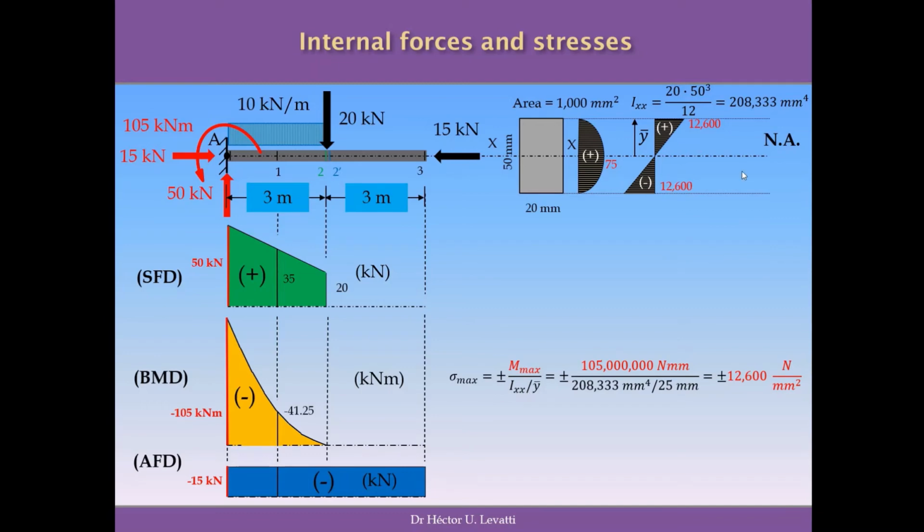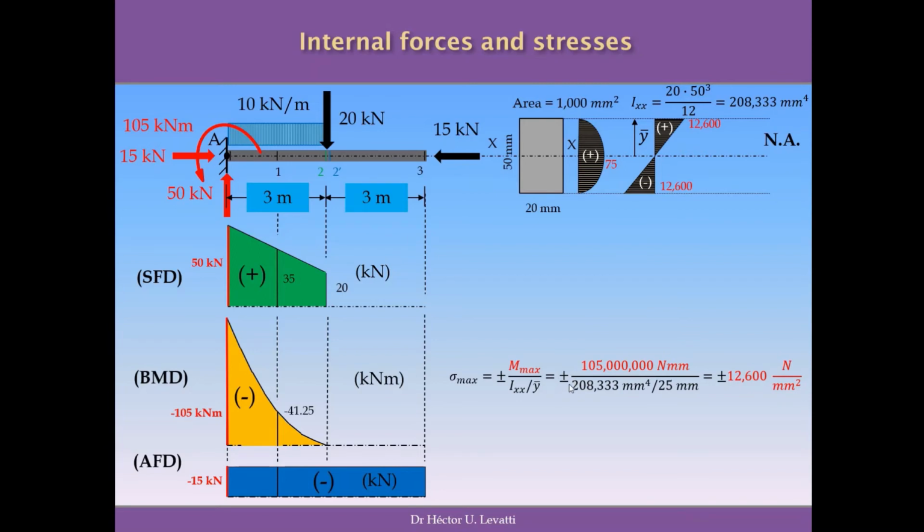We have to divide by the moment of inertia we have calculated previously in here, which is 208,333 millimeters to the fourth. And we need to multiply by this quantity, 25 millimeters, which is the distance from the neutral axis to the top fiber in the rectangular cross section, or from the neutral axis to the fiber at the bottom of the cross section.